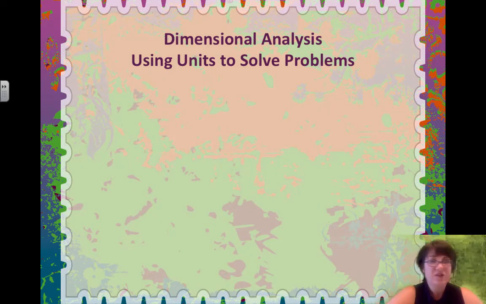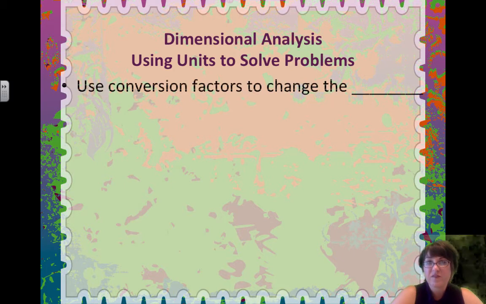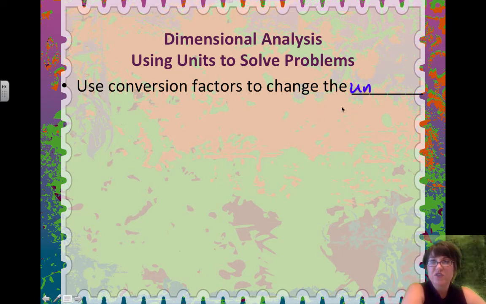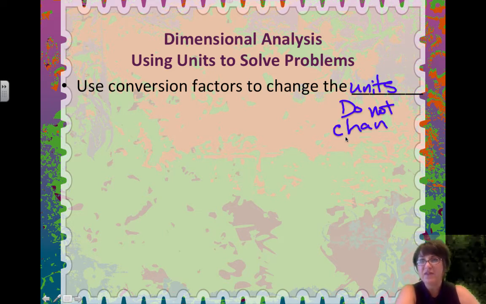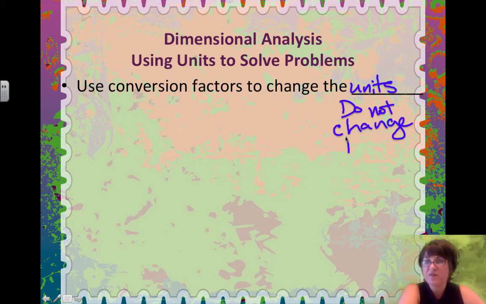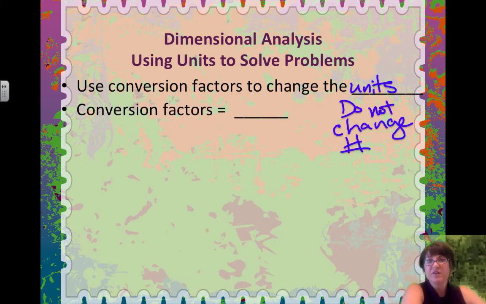We are going to use the units to help us solve problems, and this is called dimensional analysis. So to change the units, we want to use conversion factors that do not change the number, because we can't change the magnitude of the experimental value, but we can change the units. So that means every conversion factor has to be equal to exactly 1.